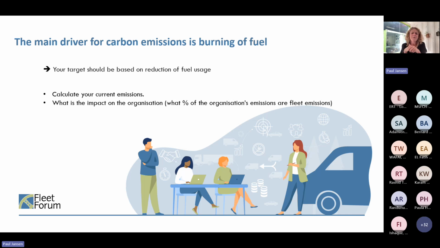So maybe go back a little bit. The main driver for your carbon emissions, and again, today we are talking about fleet specifically, is the burning of fuel.